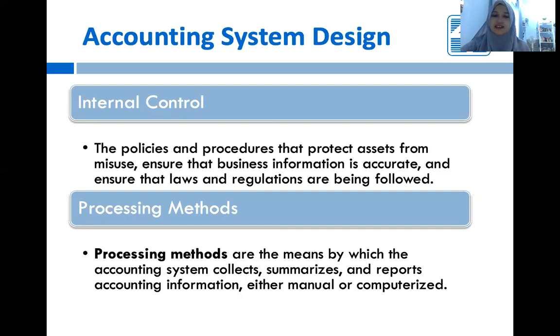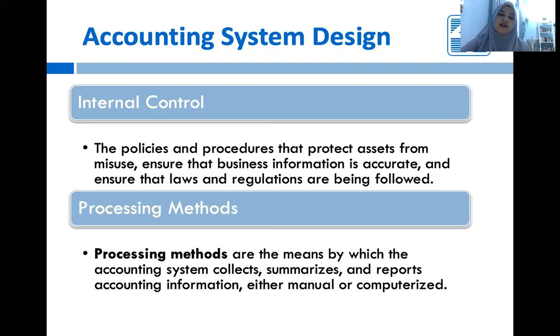That's why, let's say, in terms of access to the accounting system, not everyone can have full access to the system, to make sure that there is no misuse of assets and no misuse of the system itself for personal benefit.